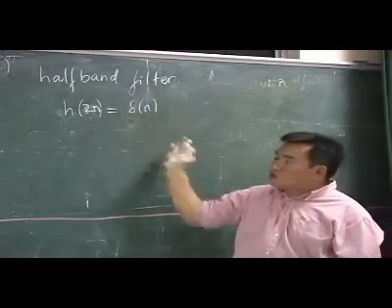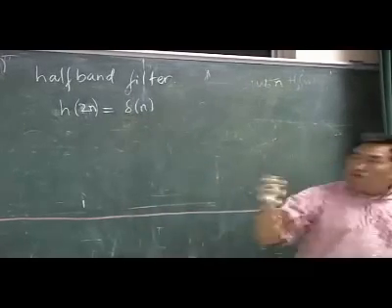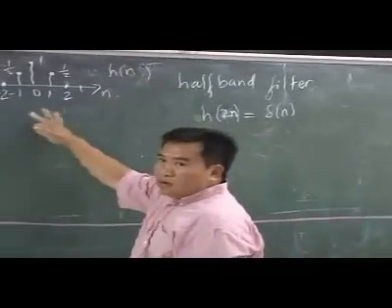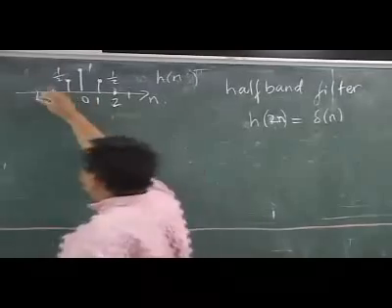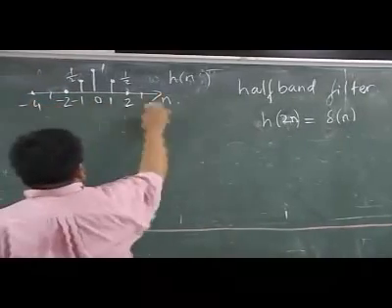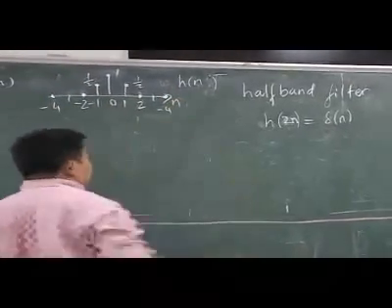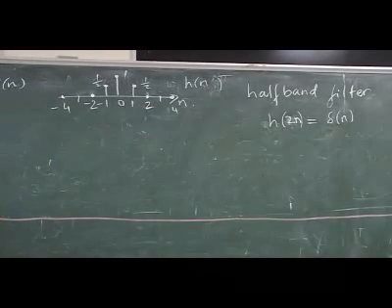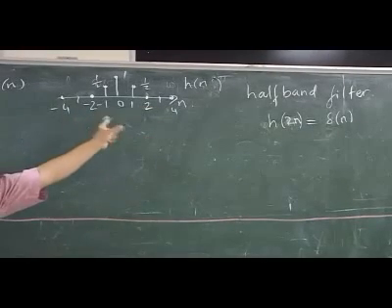That's the shorthand notation to describe a filter where every even index except 0 becomes 0. So minus 4 is 0, and so on. Any question regarding this definition of half-band filters?